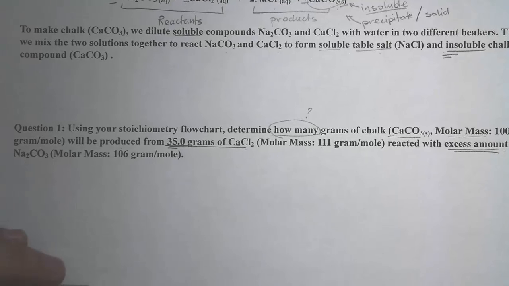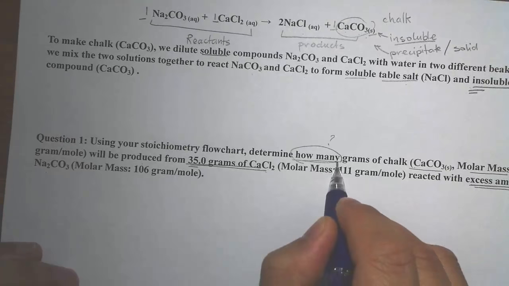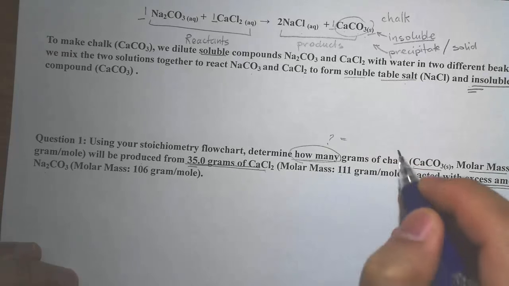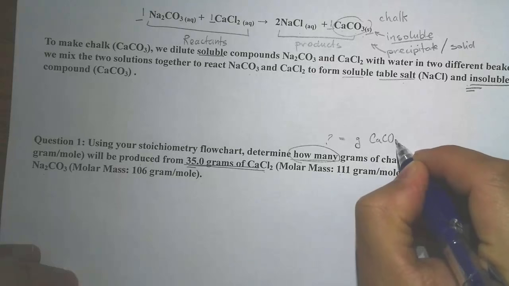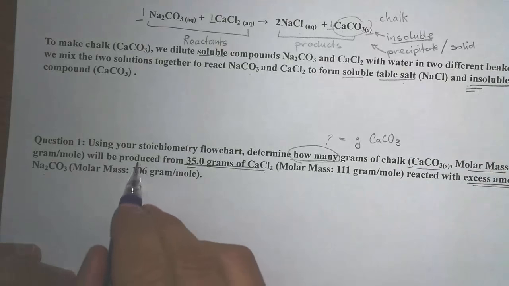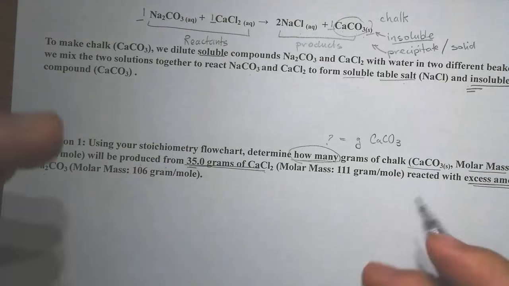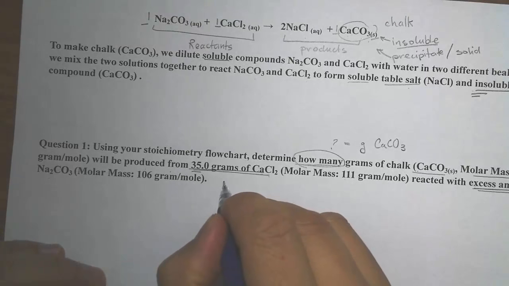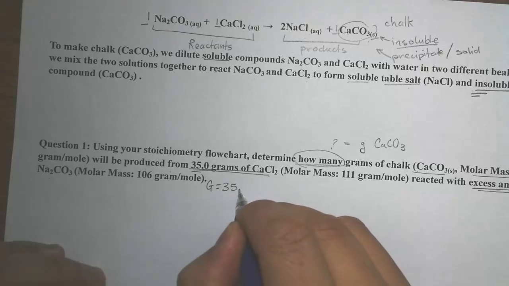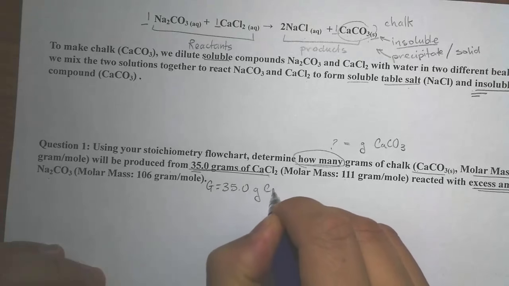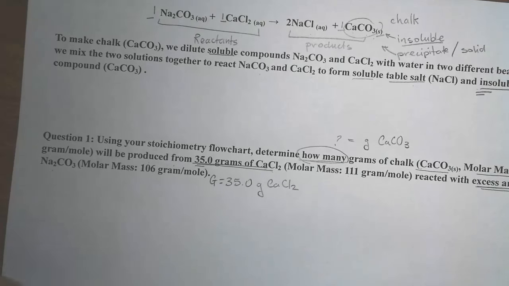Now let's get back to this problem. We know that we are looking for question mark grams of CaCO3, okay? But we are given "produced from," that means you're starting from your given, in this case 35.0 grams of calcium chloride. See how that works?